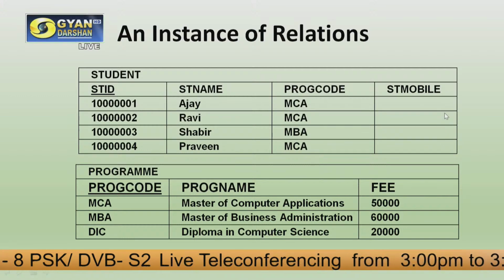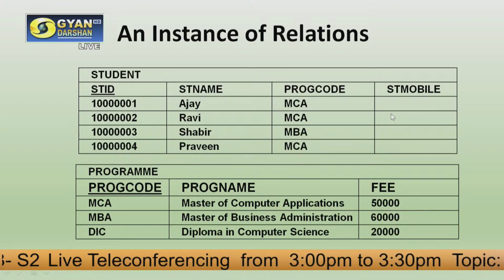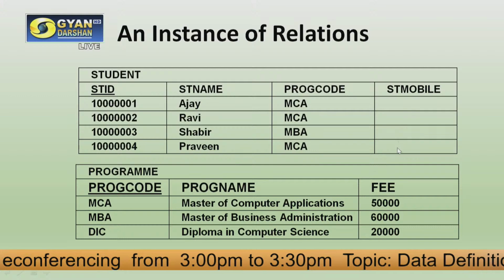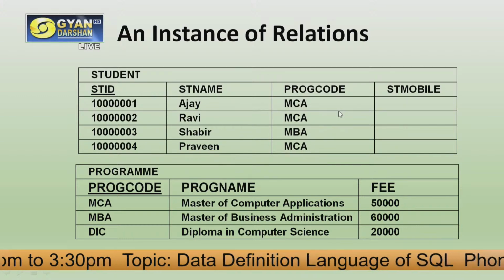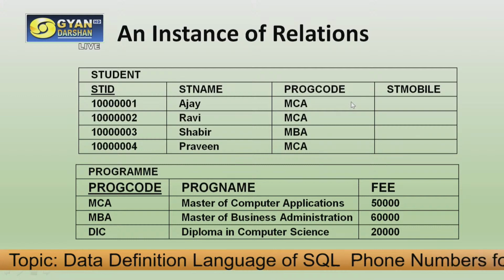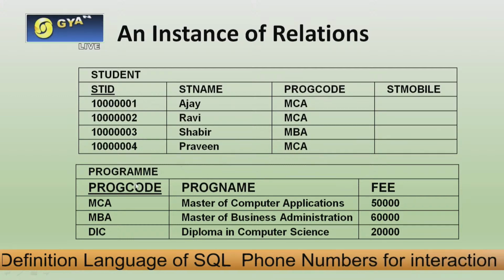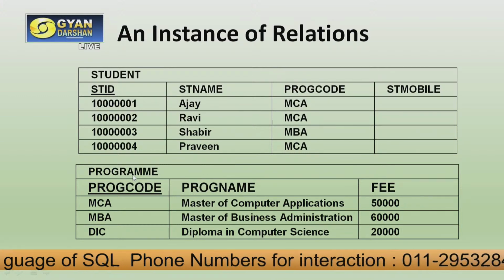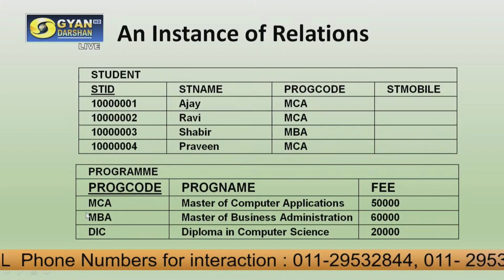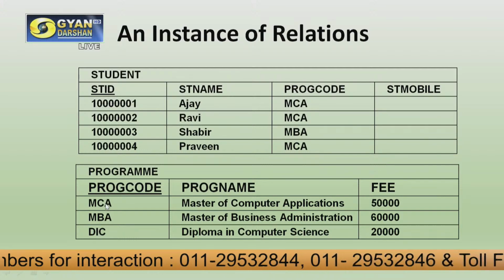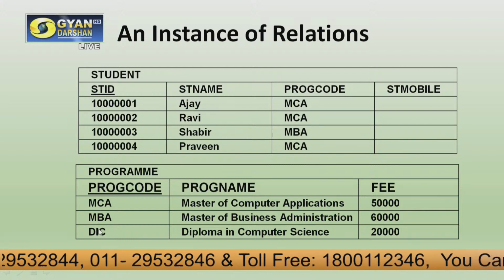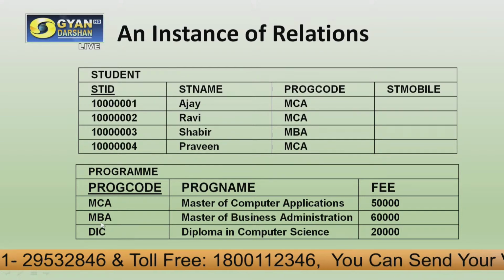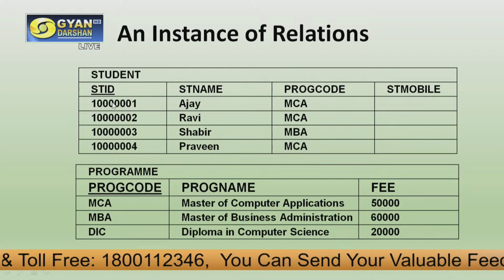And finally what you see is student mobile. In this particular instance, for all the 4 students it has been left blank, so nulls are allowed in student mobile. That's what it means. And then we have the program relation, where there are 3 program codes. Since program code is the primary key, all the 3 are different, and the same is the case with the student ID.